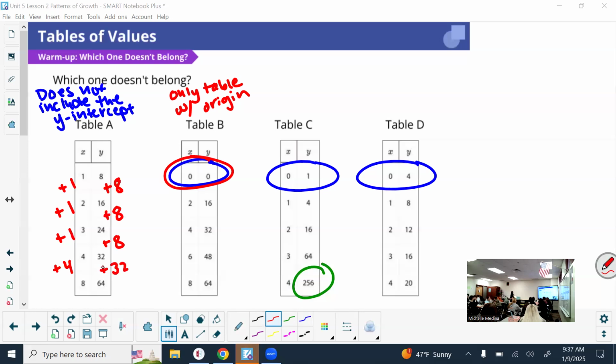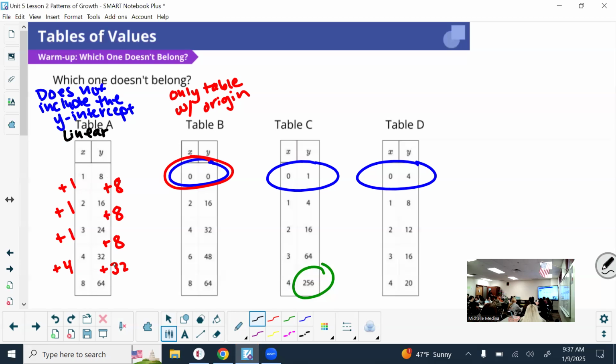Okay, so it's still a linear pattern, because if I had the 5, 6, 7 on here and I continued the pattern in the y's, it would still be increasing by the same amount each time. So start getting used to identifying things as linear.